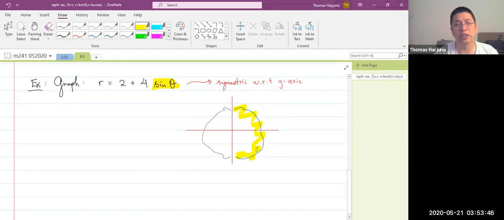Then we will choose the angle in quadrant 4 and quadrant 1. Okay, we will graph in quadrant 4 and quadrant 1.